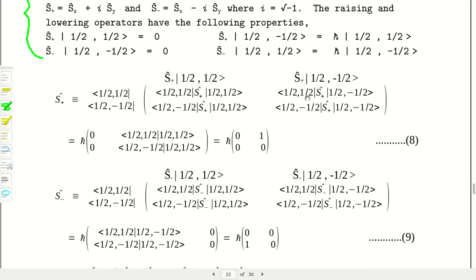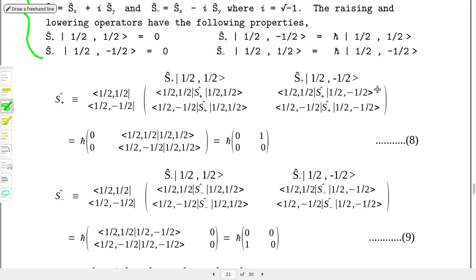So sandwich the bras with the kets, and it will give you four terms, the 1 1, 1 2, 2 1, 2 2 elements. Now S plus over plus half will give you 0, so the first term will be 0, and the second term is S plus operating on minus half, which gives you h cut times half.